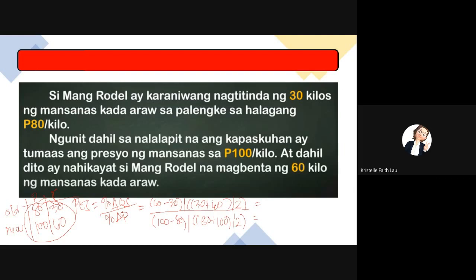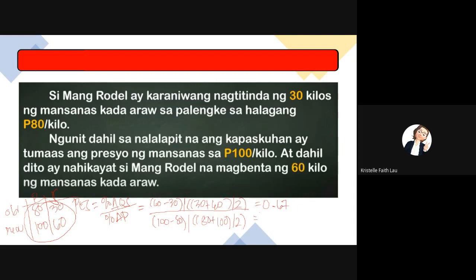Okay, so calculate na natin if tama ba yung mga sagot natin. So, close parenthesis, 60 minus 30, close parenthesis, divide, dalawang close parenthesis, 30 plus 60, then close parenthesis, divided sa 2, then close parenthesis. So we have 0.67.